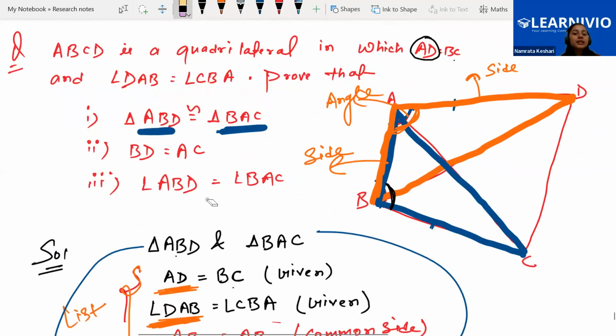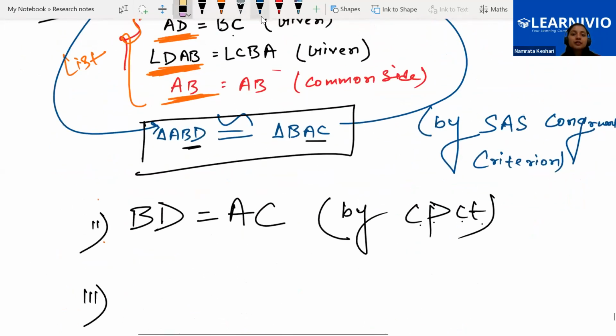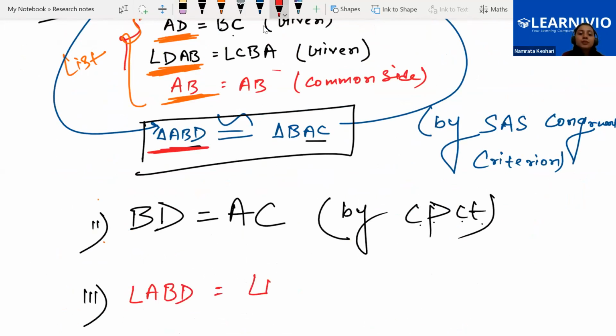angle ABD is equal to angle BAC. ABD, BAC. Now, if you focus on your triangle structure, can we write that angle ABD is equal to angle BAC? Can we write? These two are nothing but corresponding angles.